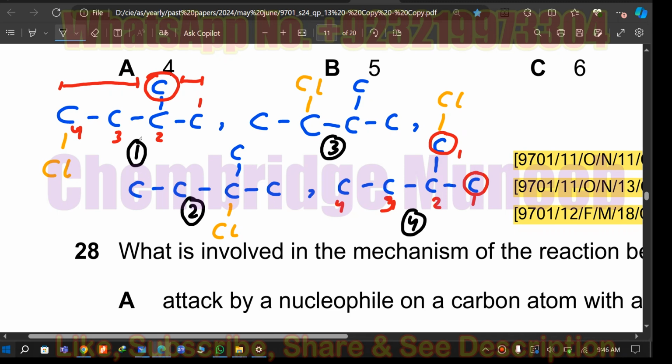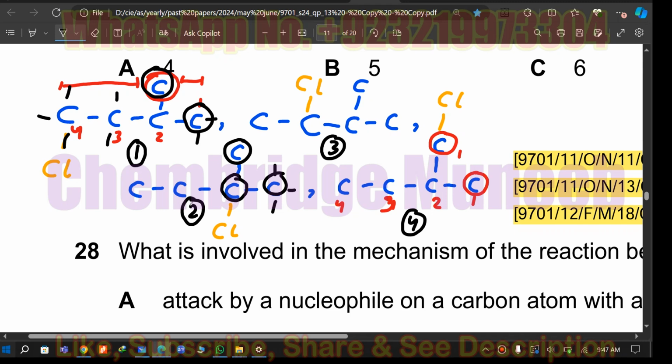Now check the first isomer. In the first isomer there are 3 hydrogen atoms with carbon number 1. With carbon number 2 there are 2 methyl groups bonded. With 3 there are 2 hydrogens. With 4 there are 3 hydrogens, so no chiral center there. On carbon number 2 there are 2 methyl groups.